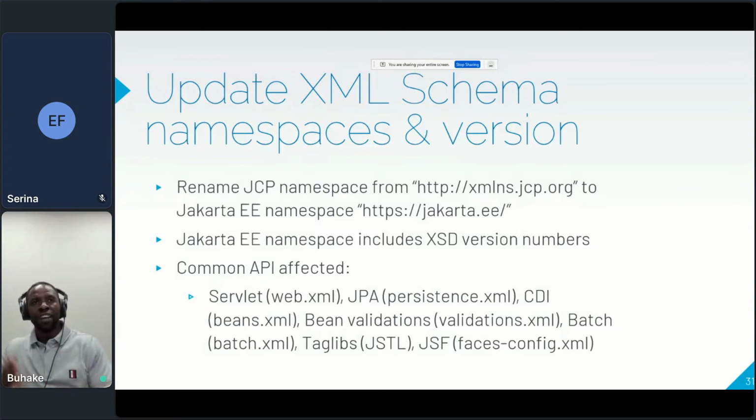Also change your version number. For example, if you're migrating from JSF 2.3 to JSF 4 and you just change the namespace, it will still not work. You will have to change the version as well.